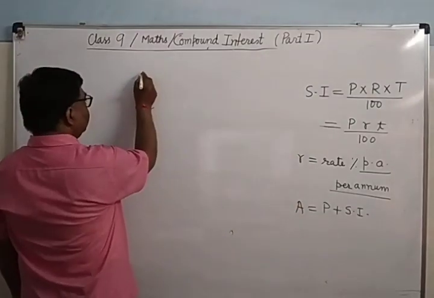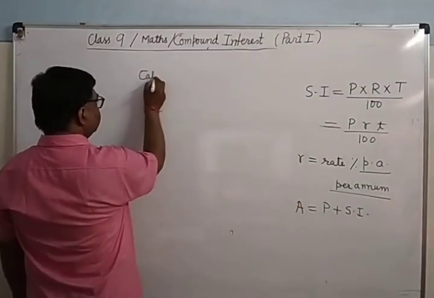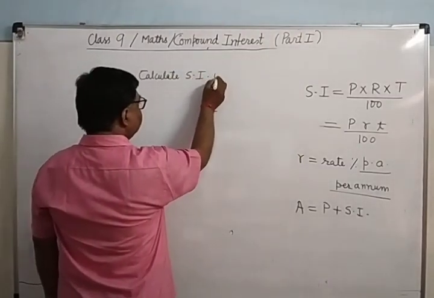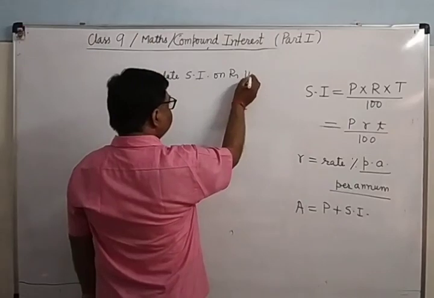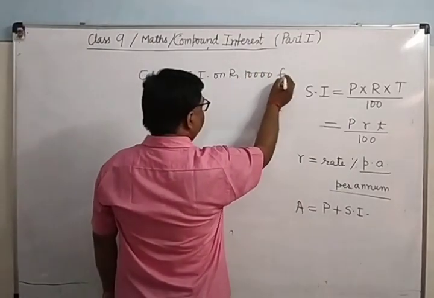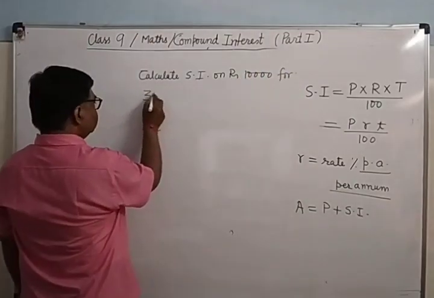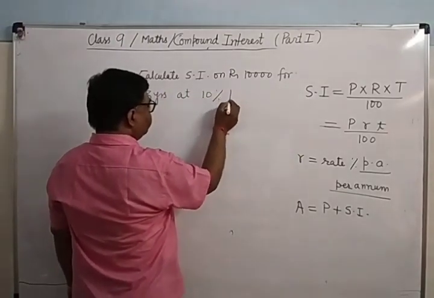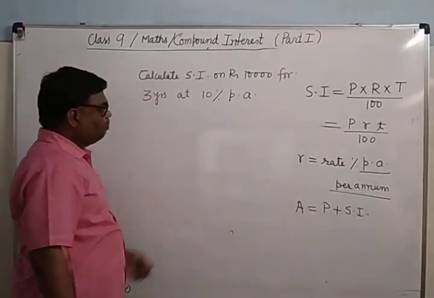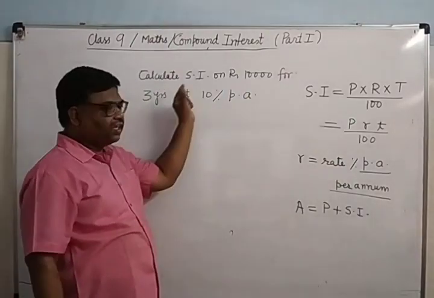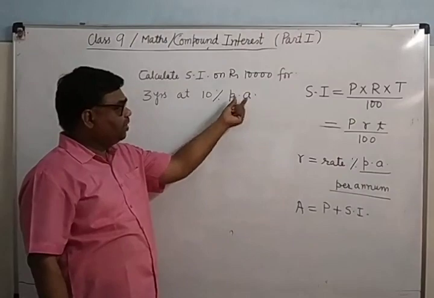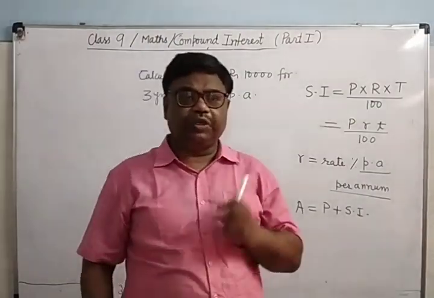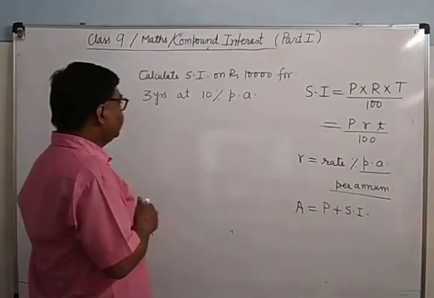For example, calculate SI on rupees 10,000 for 3 years at 10% per annum. 10% means out of 100, 10 rupees will be given. Per annum means per year, so every year on rupees 100, 10 rupees will be the interest.